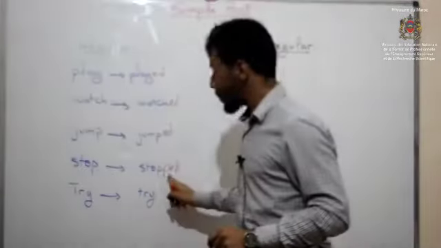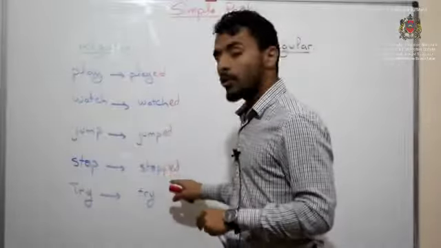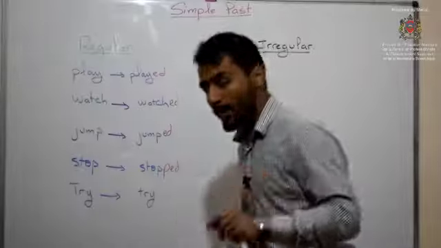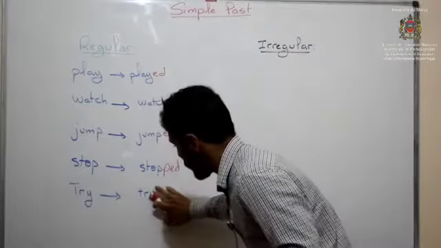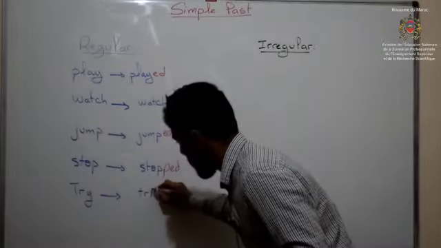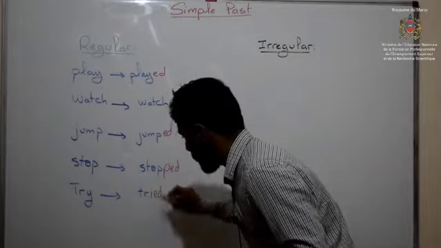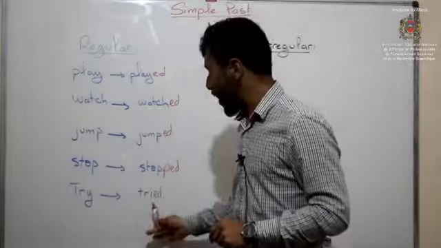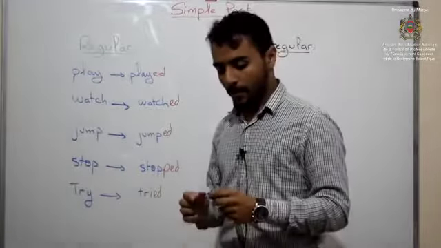Stopped. Now, as you can see, there is a double P. Well, we will explain this in the last part. Try, look at this too. Tried. As you can see, Y changed to I, and then we added ed.